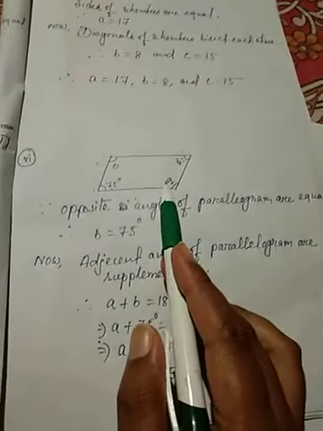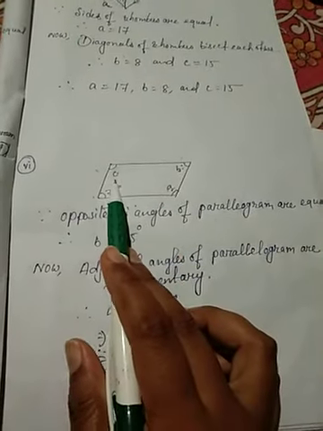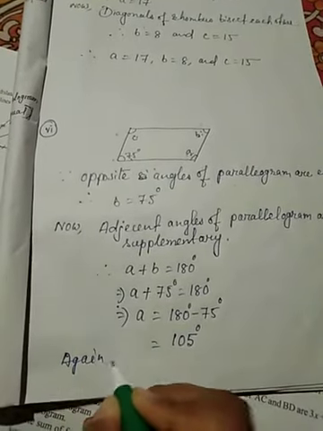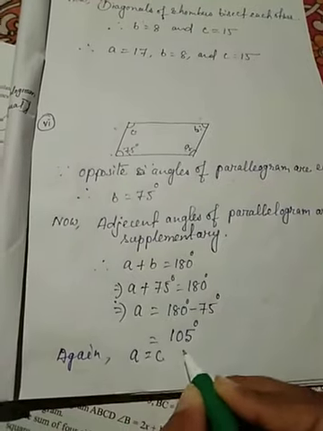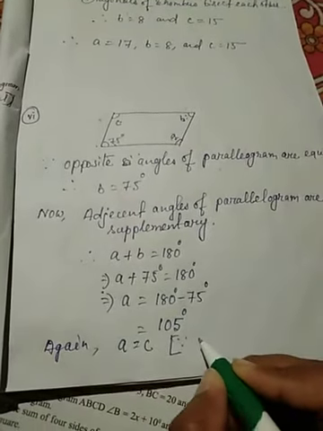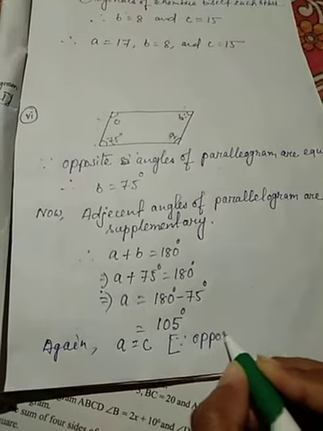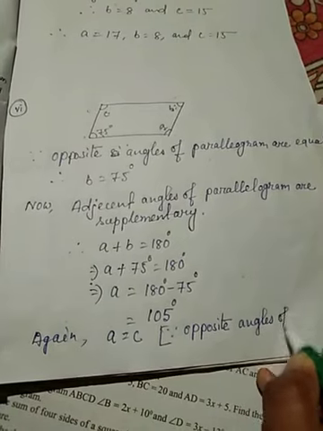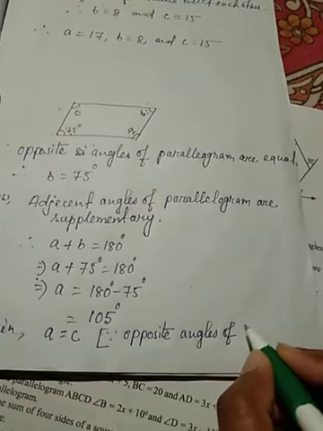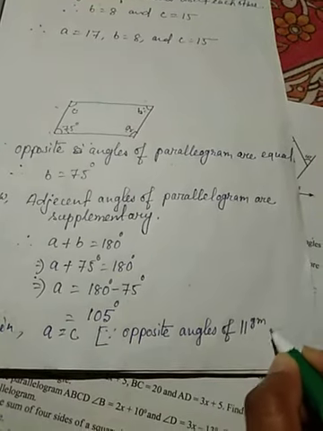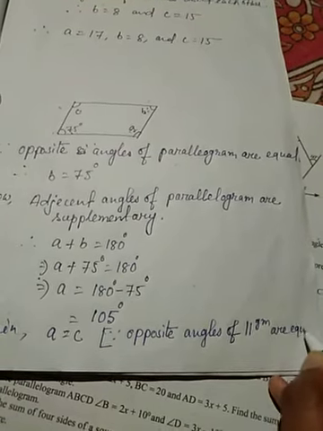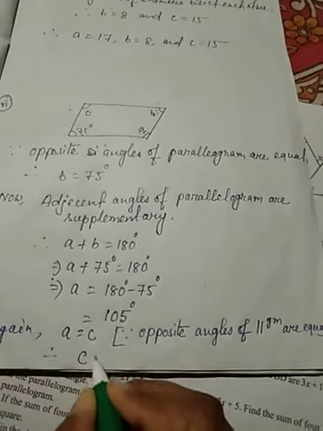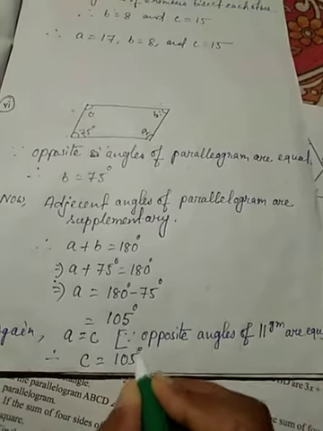Now from the value of a we find the value of c also. Again a equal to c. Why a equal to c? Since opposite angles of parallelogram are equal, therefore c equal to 105.